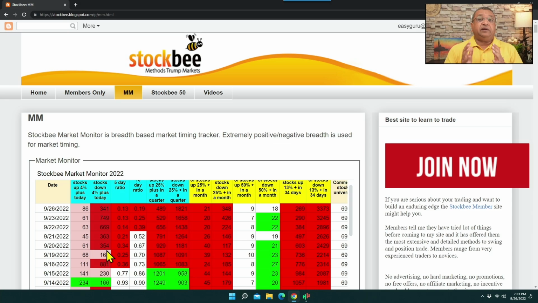If you can create this kind of tool for your own trading, it doesn't have to be based exactly on market breadth, though the most commonly used tools for market timing are, it will allow you to reduce your drawdown and increase your profit, and that skill is called situational awareness.